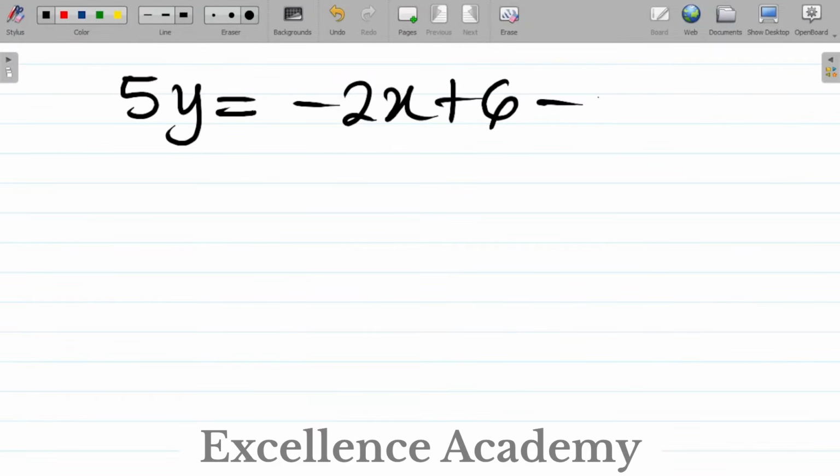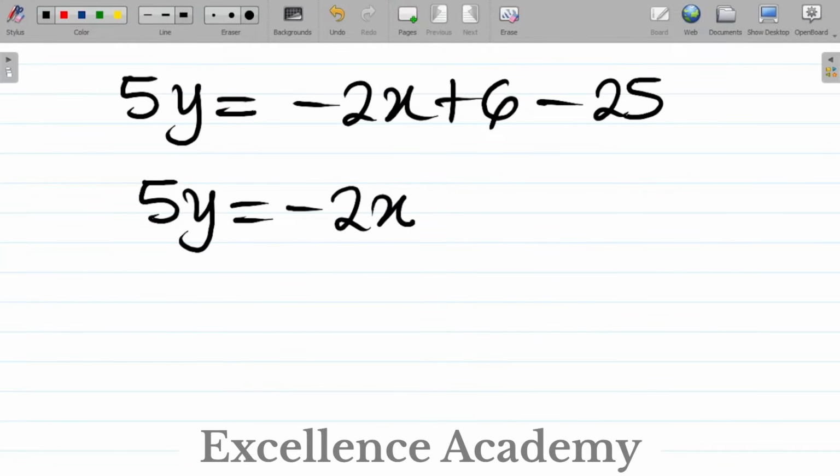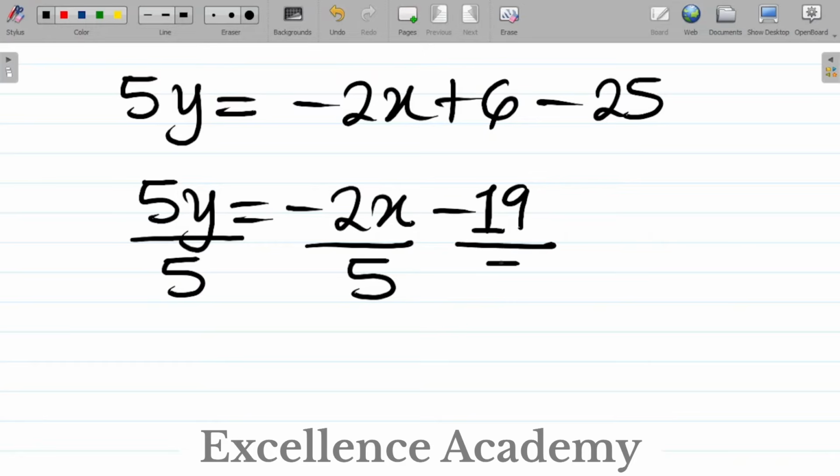So 5y is equal to minus 2x plus 6 minus 25, which gives minus 19. To get the value of y, divide through by 5.